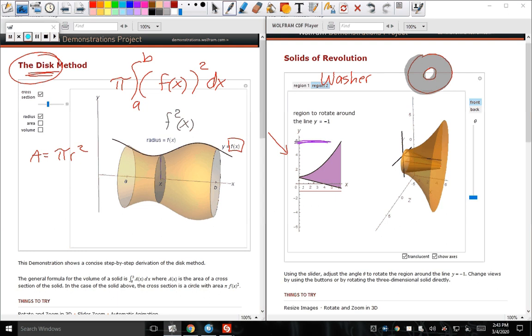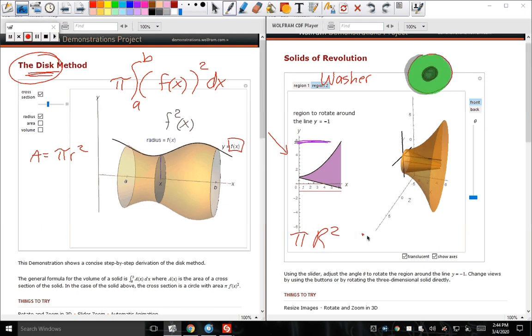Yeah. What would the washer method, like the... Oh, what would the equation be? Okay, here we go. So, can someone tell me what is the area of this entire circle? Pi r squared. What is the area of this smaller circle?